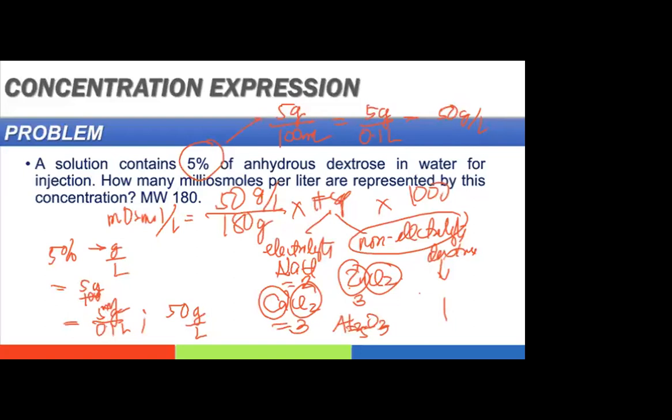So in our problem, it is 1. Multiply by 1,000, what is the final answer? 277.78. What's the unit? Milliosmol per liter.